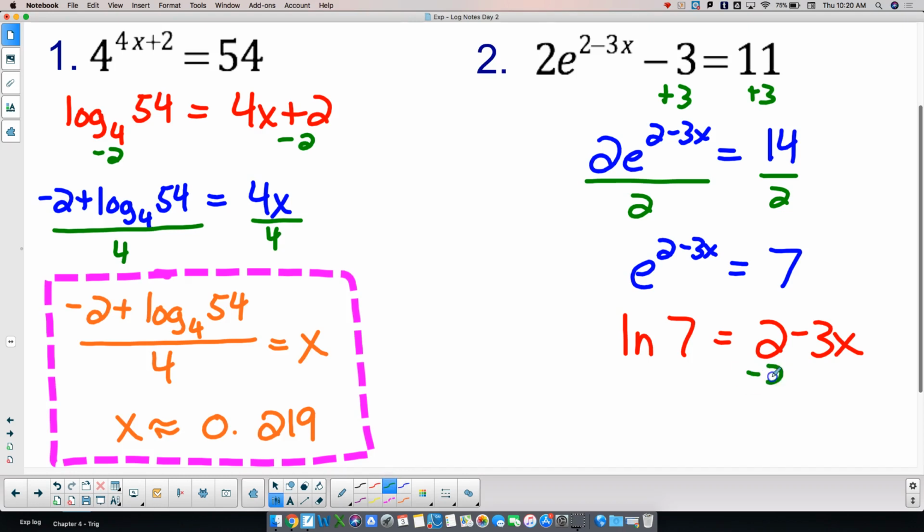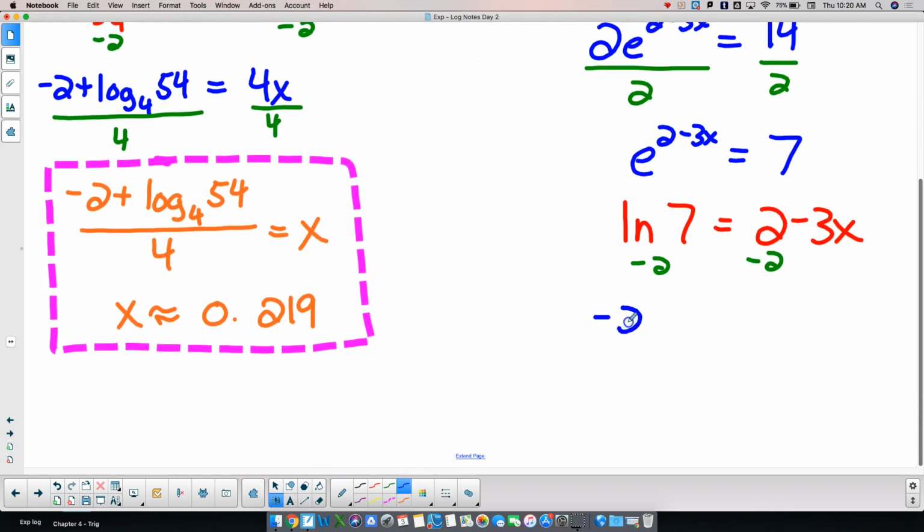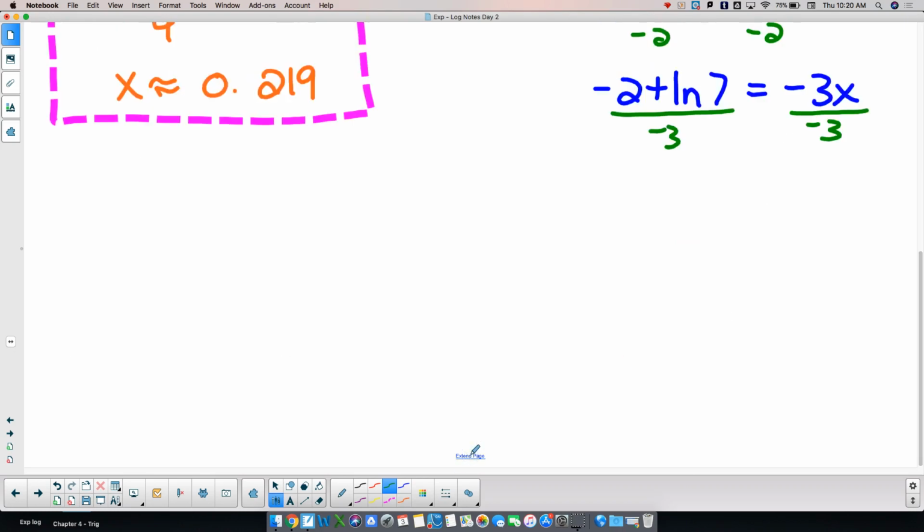Subtract 2. So then that gets me negative 2 plus the natural log of 7 all over negative 3 is x.